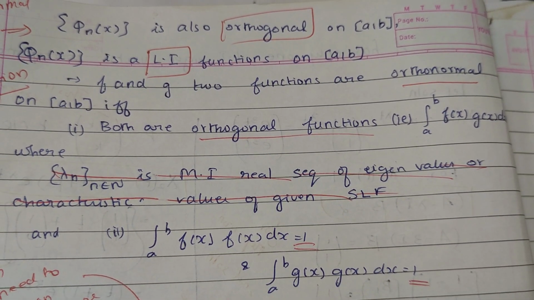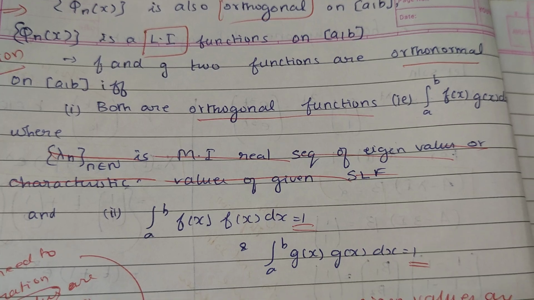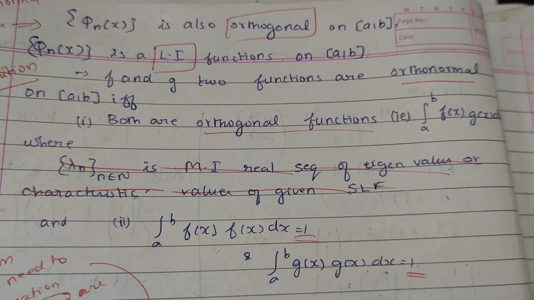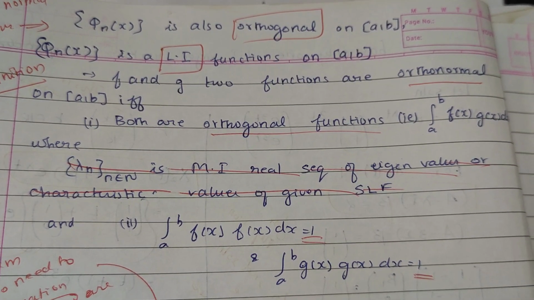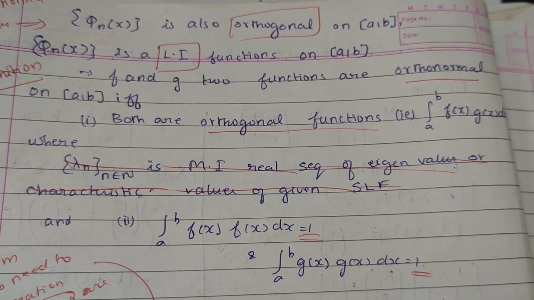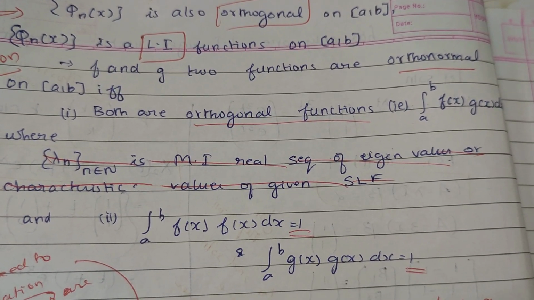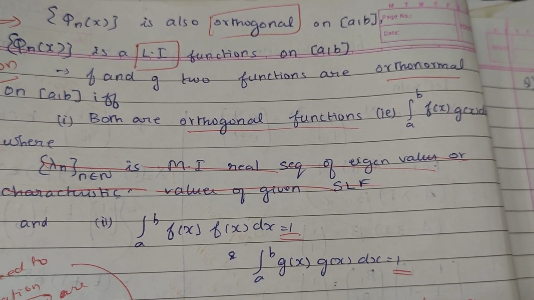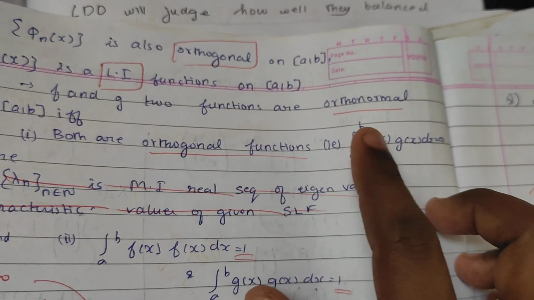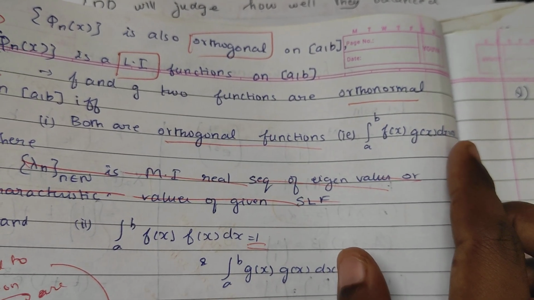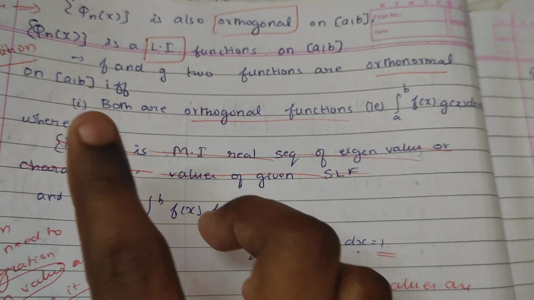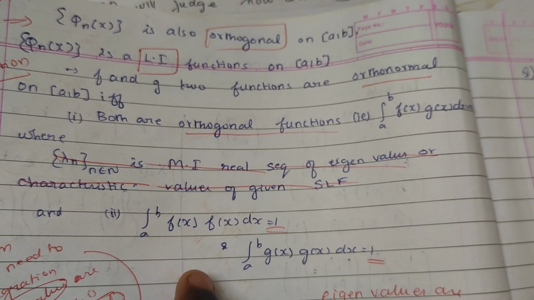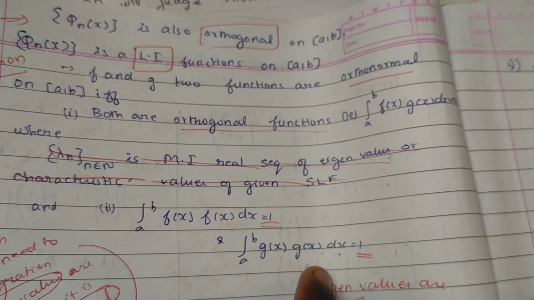If f and g, two functions, are orthonormal on a comma b, if and only if both functions are orthogonal. If you are considering two functions, the given two functions f and g are orthonormal if they satisfy the condition that both should be orthogonal. Orthogonal means the integral over a to b of f of x g of x is equal to 0, and the integral over a to b of f of x into f of x dx is equal to 1, and the integral over a to b of g of x into g of x is equal to 1.